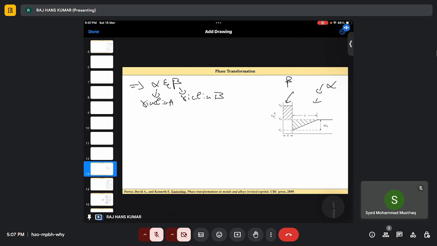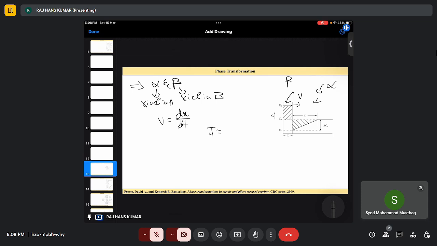Now, if it tries to grow, what will happen? Let's suppose this is the front velocity. It is moving with v as velocity. That is given as dx upon dt, which is the rate of change of distance with respect to time. That is velocity. We all know that. Now, how do we relate this to our diffusion?